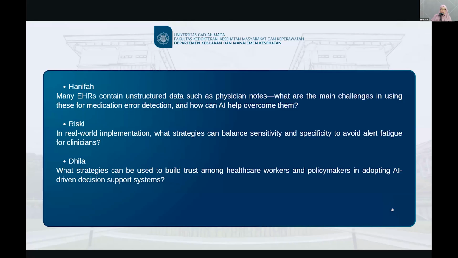Maybe first I would like to invite Professor Edward. Okay, sure. Actually, EHRs include coded, structured data like disease and medication, and unstructured data like physician notes, such as discharge summaries and admission notes. For medication error detection, most of the time we focus on coded data like disease codes, medication codes and laboratory codes to prevent medication errors. But in the future, if you want to use AI, for example, maybe the patient has a lot of diseases, but in ICD-9 maybe only one disease is coded.